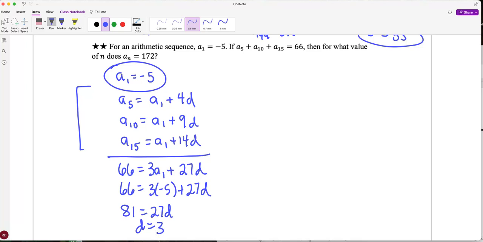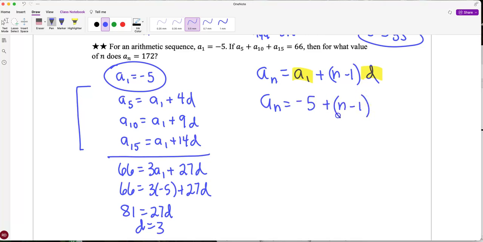So now I know, if I look at my formula, in order to use this formula, I need to know this and this, okay? Well, I know A1 is negative 5, so AN is negative 5 plus N minus 1 times 3, okay?